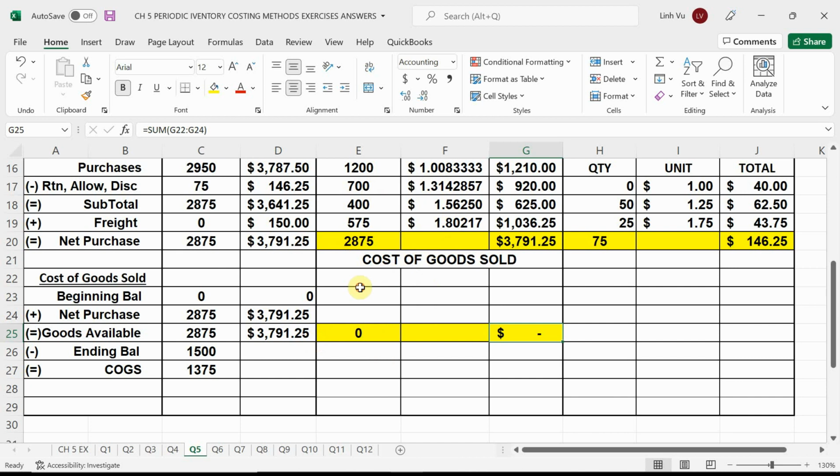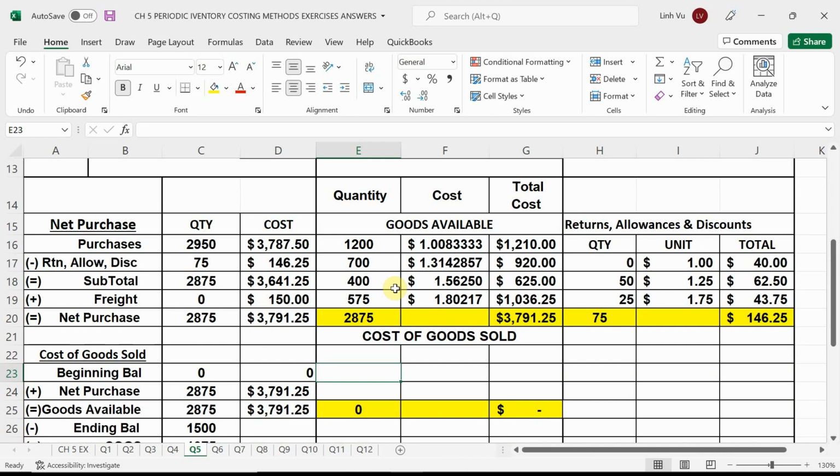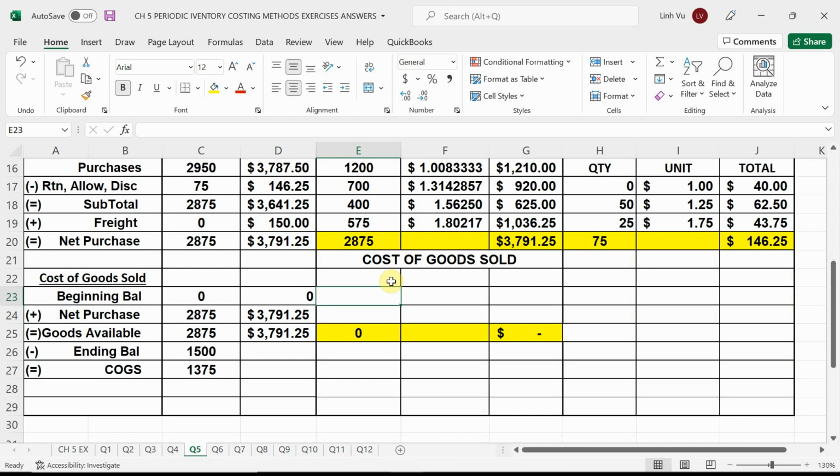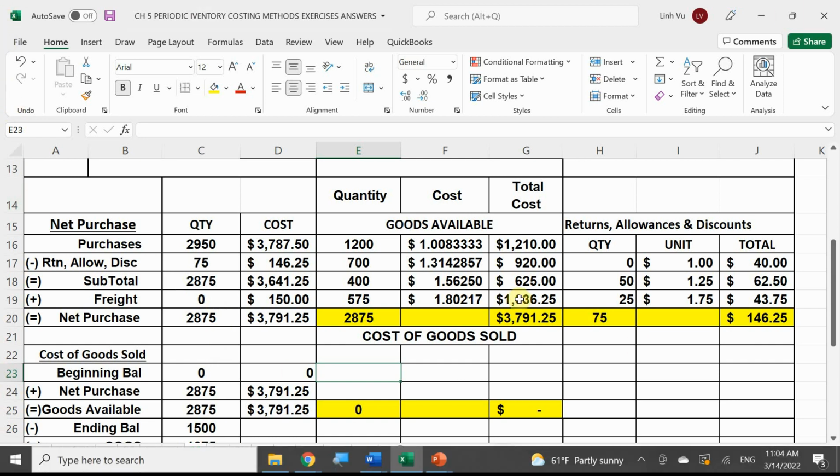So in this case, right, now we are using LIFO. We are going to sell the last ones first. So in this case, my goal is I need to get to 1,375 toys sold. So in this case, which batch of inventory am I going to take out from first?